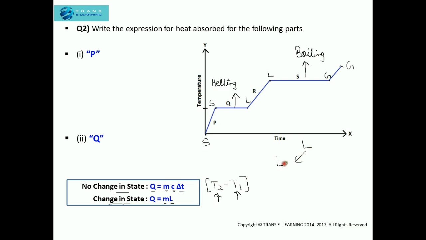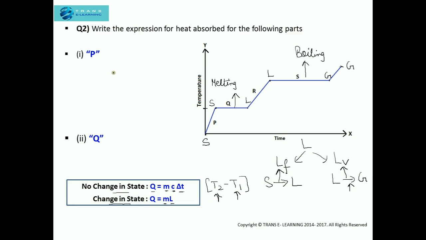There is latent heat of fusion and we have latent heat of vaporization. When the solid changes into a liquid on heating, then the heat absorbed in that process is known as latent heat of fusion. And when the liquid changes into a gaseous phase, then the heat absorbed in that process is known as latent heat of vaporization.